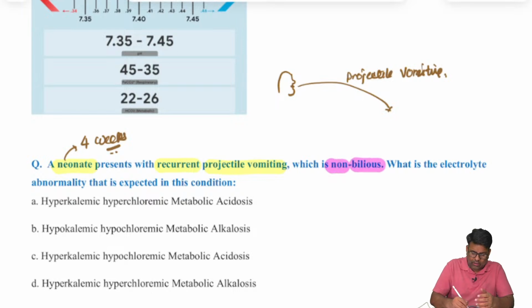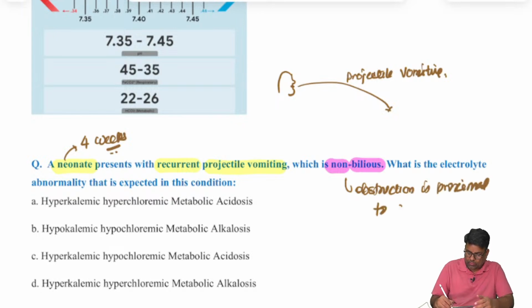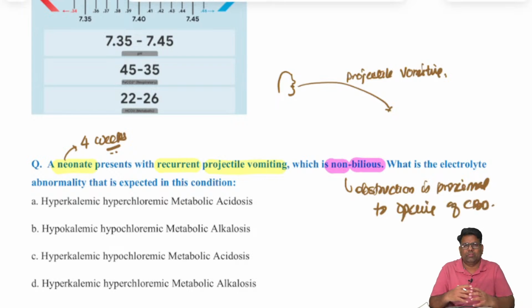Then non-bilious. It means the obstruction is proximal to the opening of the bile duct. If the obstruction is proximal to that, obviously there will be no bile in the vomitus.